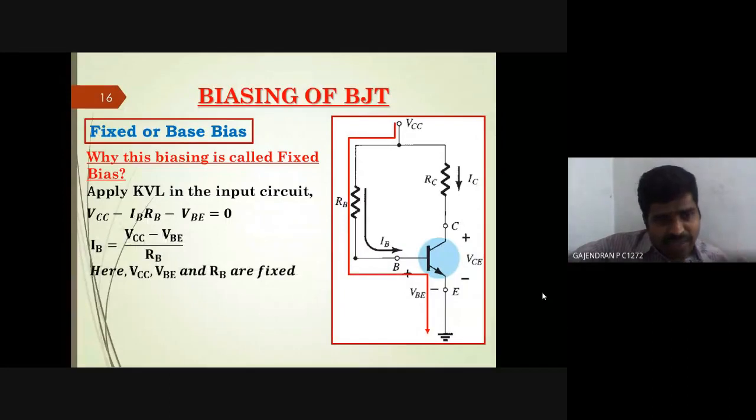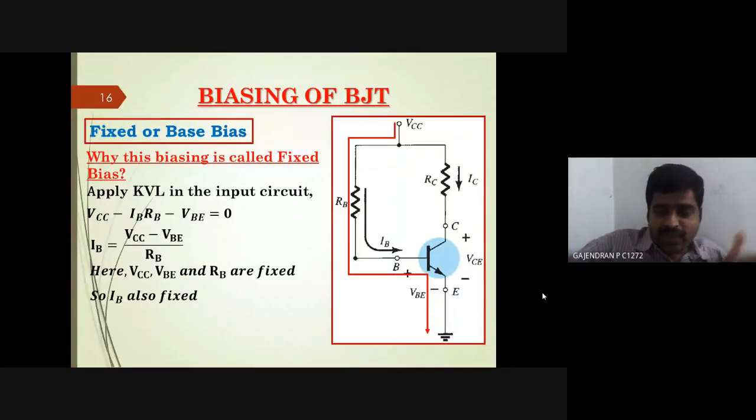From this equation, VCC, VBE and RB, all the values are fixed ones. Am I correct, sir? Due to these parameters, my base current is also a fixed one. It is not going to vary.